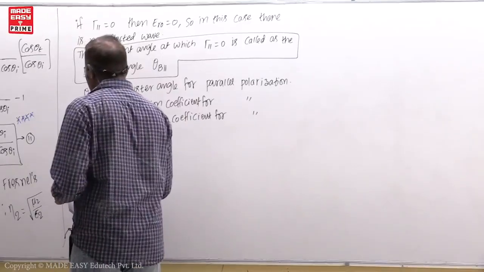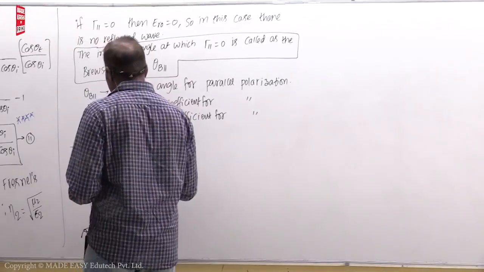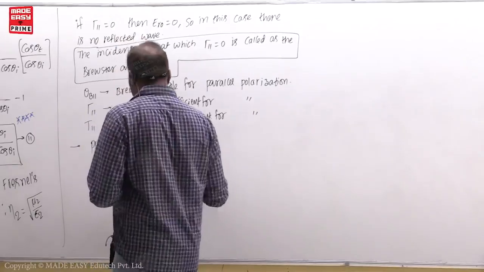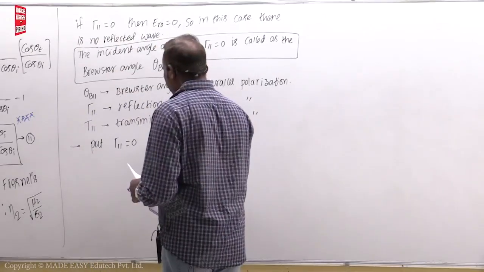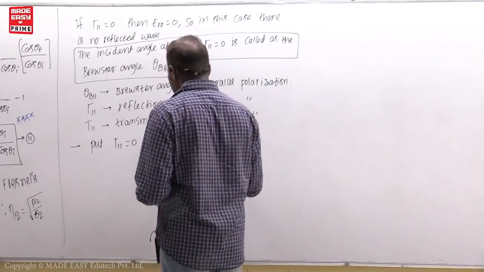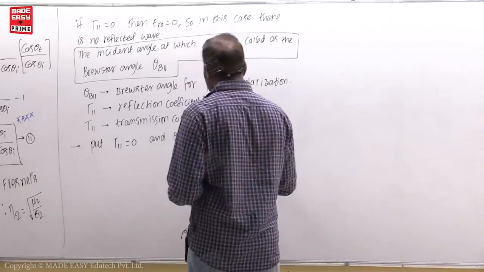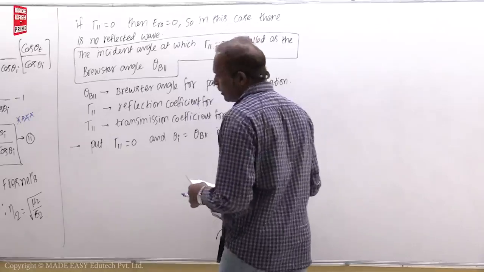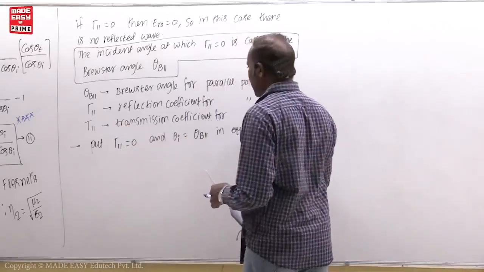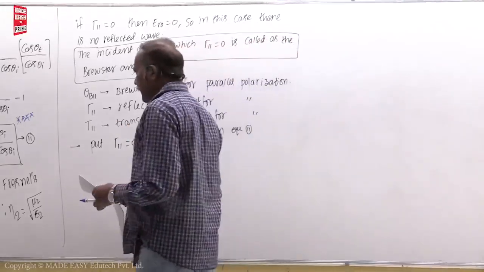Now, put gamma parallel is equal to 0 and theta I is equal to theta B parallel in equation 11. In equation 11. Then what you get?